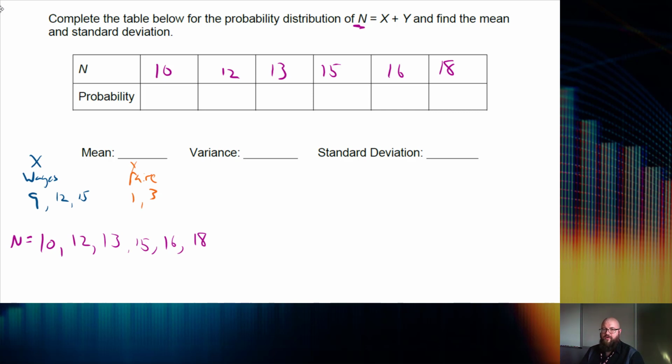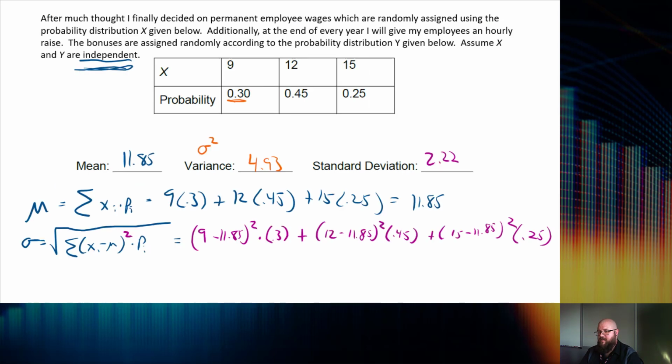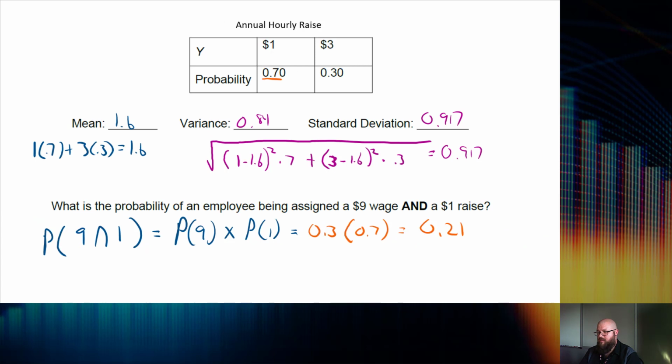Now, for these setups, because they're independent, we should be able to simply multiply the probabilities for each of these wages. Because we had a $9 value of 0.3 and a $1 value of 0.7, like we did in our example, that gives us a $10 overall hourly wage with a 0.21 probability.